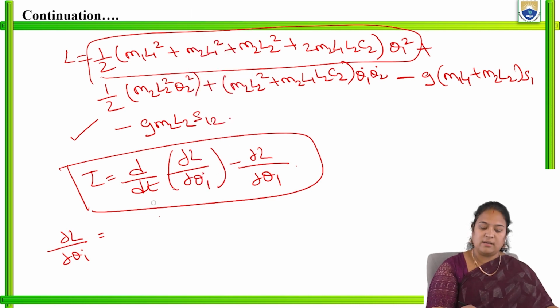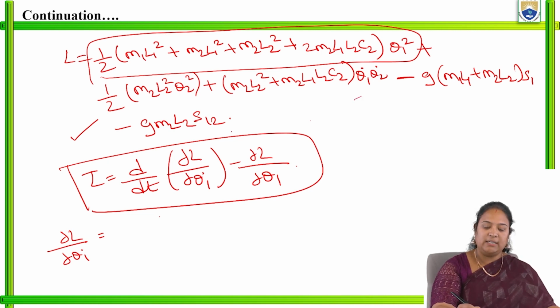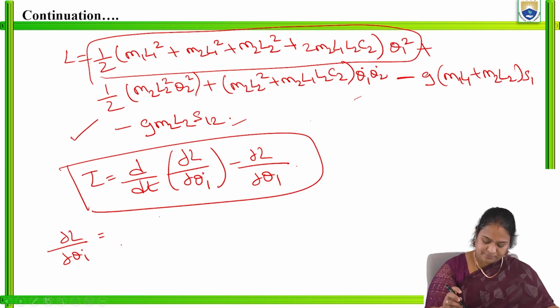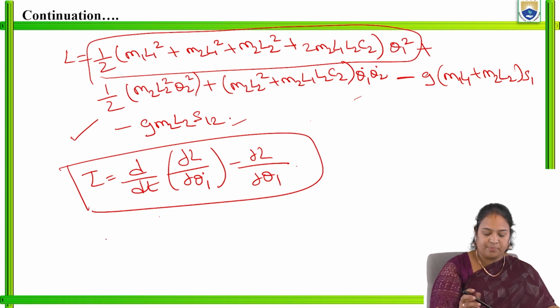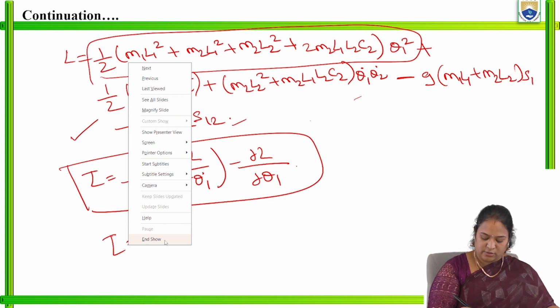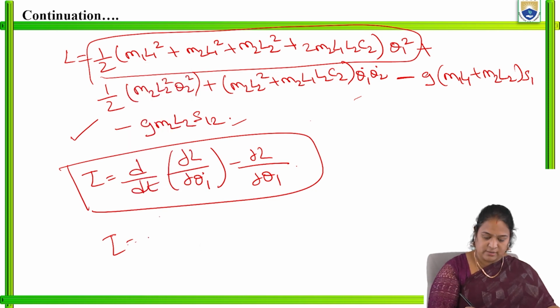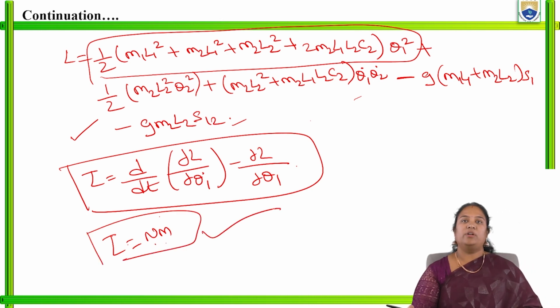So these are the terms which have been involved in the Lagrangian equation, that is dou L by dou theta 1, and d by dt will be different. So here this particular equation should be determined, and this will be determined in the units Newton meter.